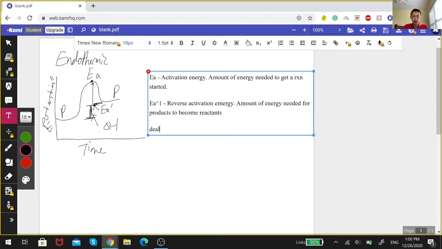Now, delta H is the change in heat during a reaction, usually measured in kJ.